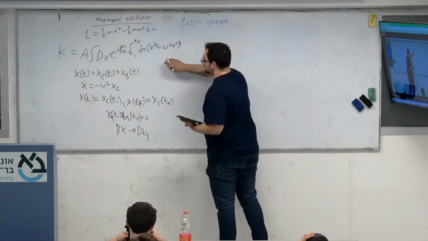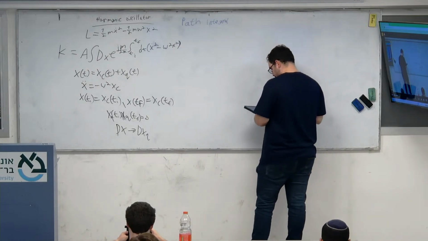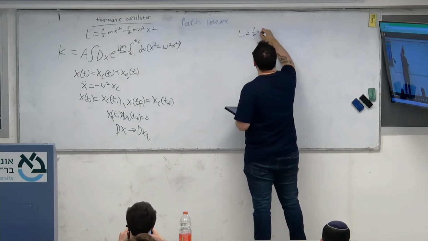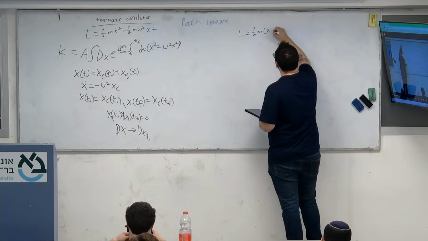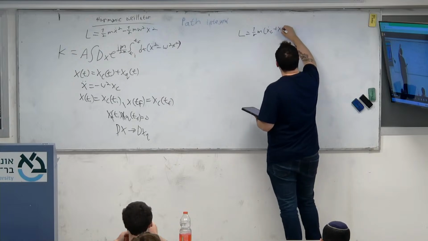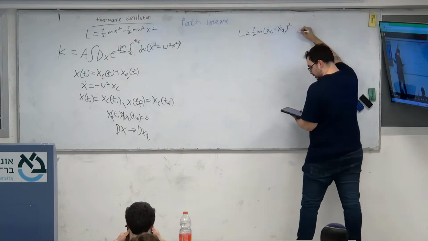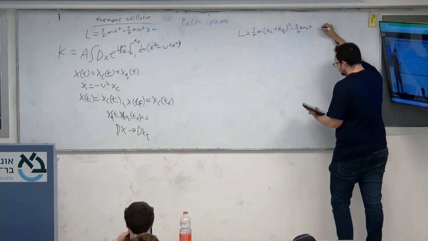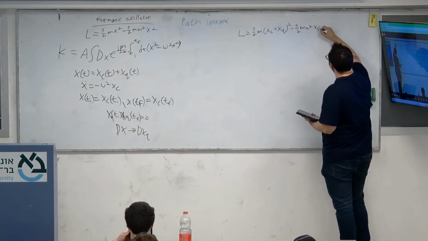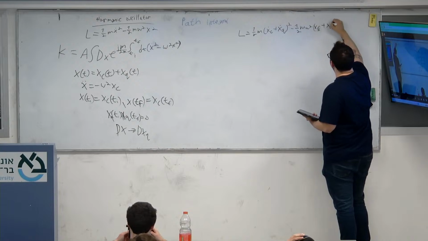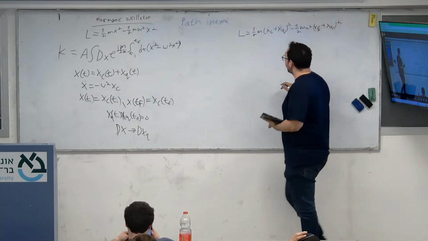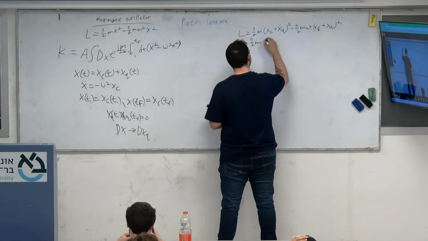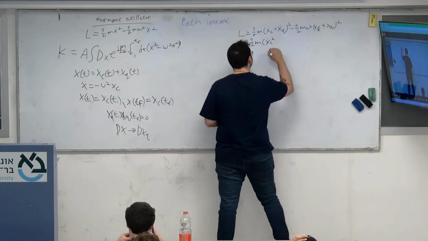Before I continue with the K, I'm actually going to rewrite the Lagrangian in the new form. So L will be equal to one half m (xc dot plus xq dot) squared minus one half m omega squared (xc plus xq) squared, which equals one half m xc dot squared.